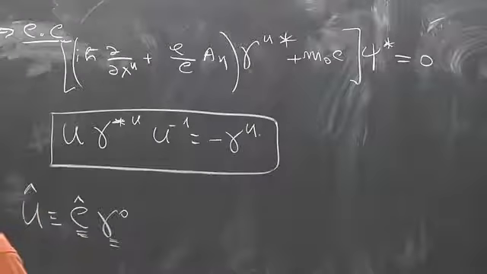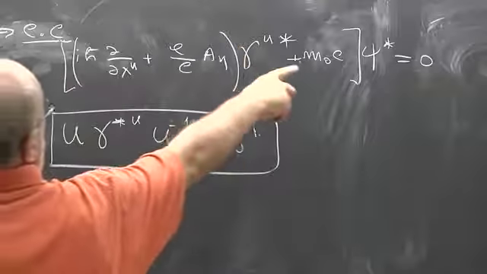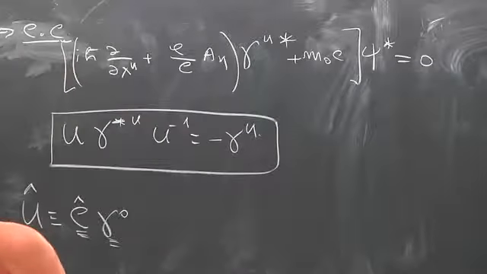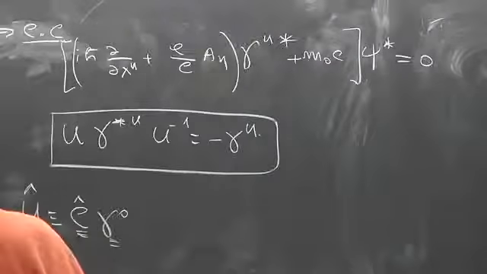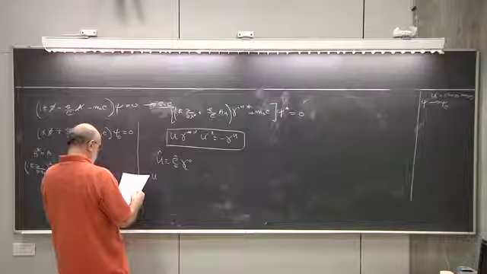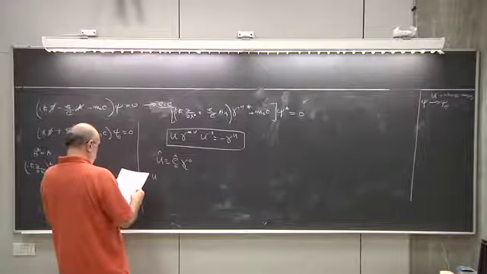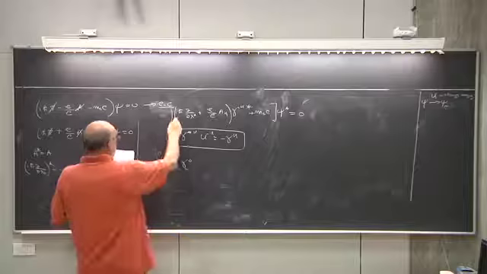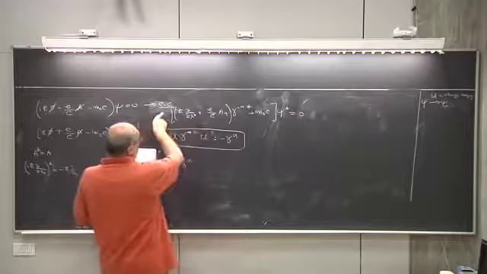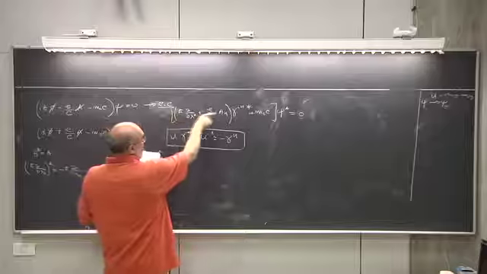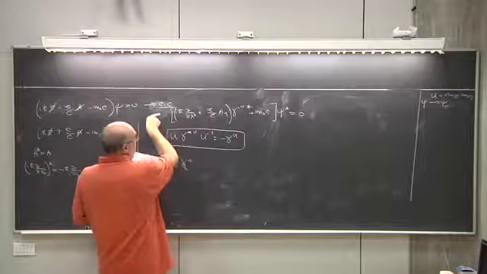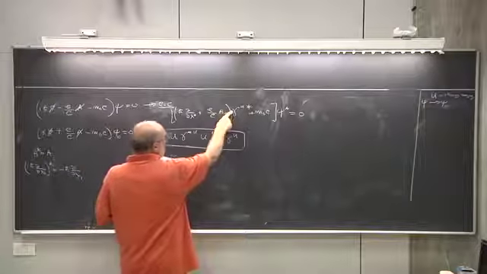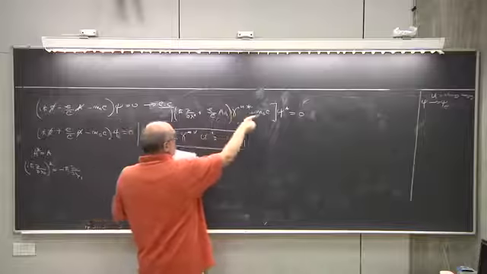So this is a definition of U. Now, if you take that equation and multiply by U on the left, it goes on the left, it is a matrix, a 4 by 4 matrix U, and it hits these objects, and then on the other side, it hits these objects.